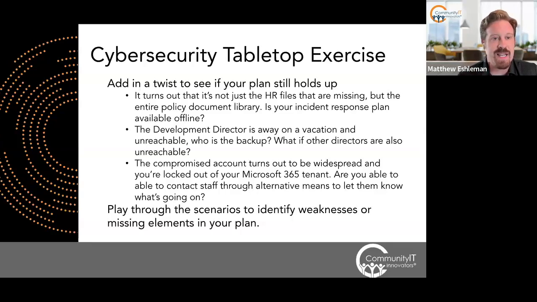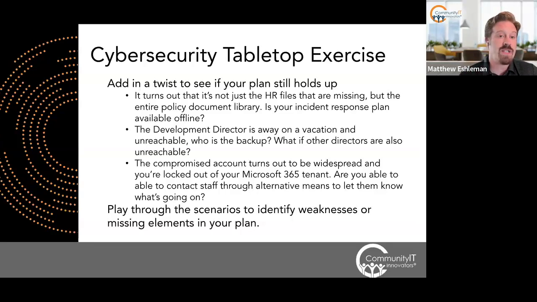In the second scenario, we said that we lost the CRM data or the CRM information is no longer available, but it turns out the director of the development department that manages that platform is away on vacation. Who has the backup? What if other directors are unavailable?